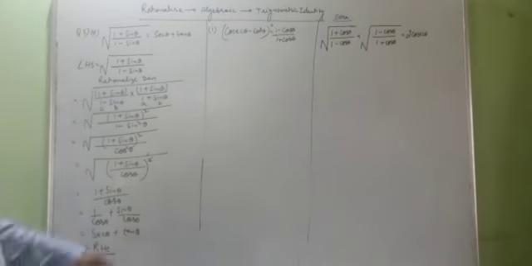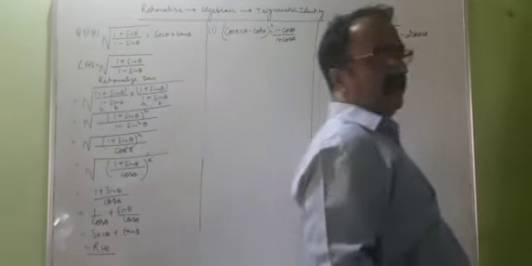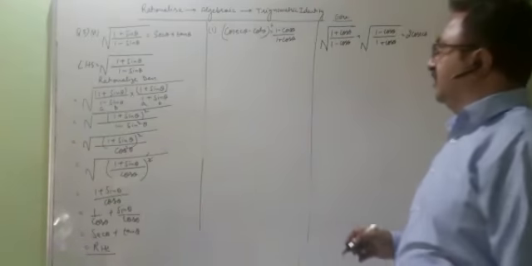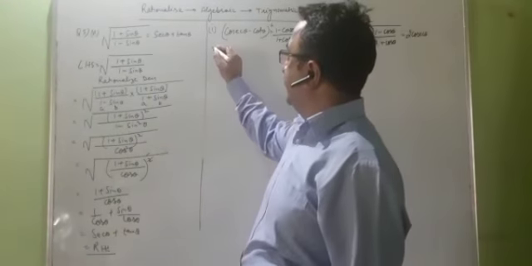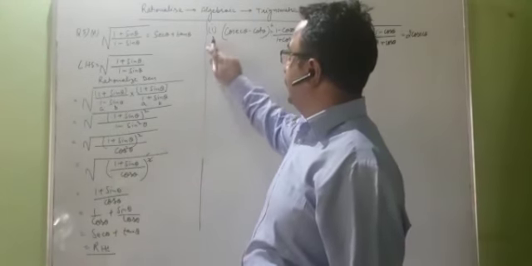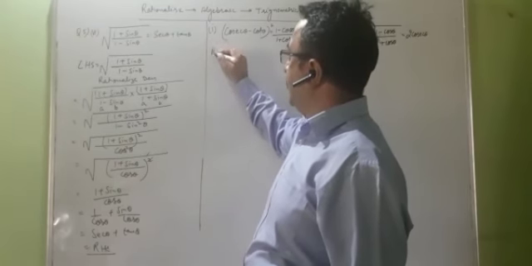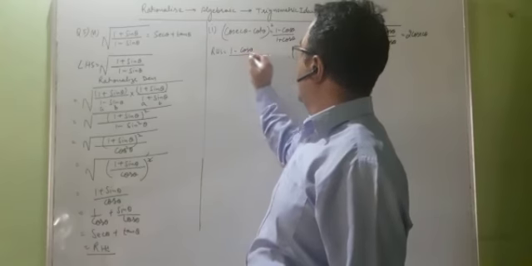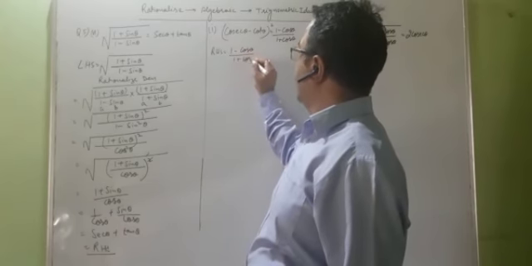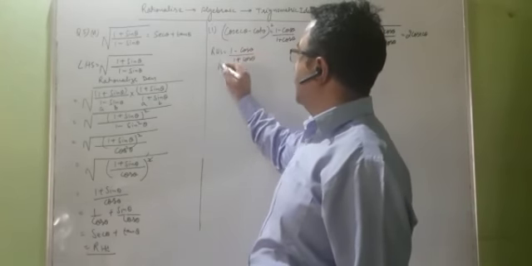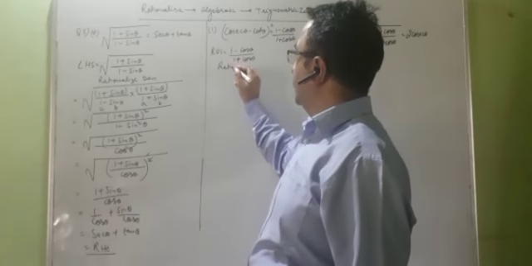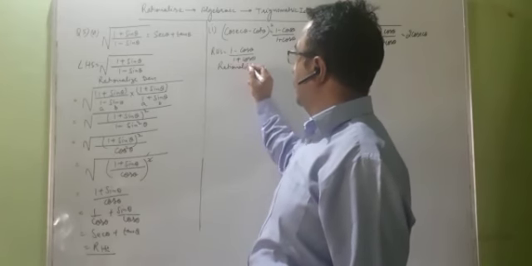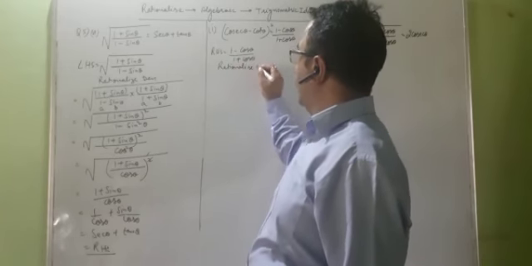Now similarly, you can tackle the first part of question number 5. You can solve it from RHS also. So RHS: 1 minus cos theta upon 1 plus cos theta. Now rationalize the denominator.